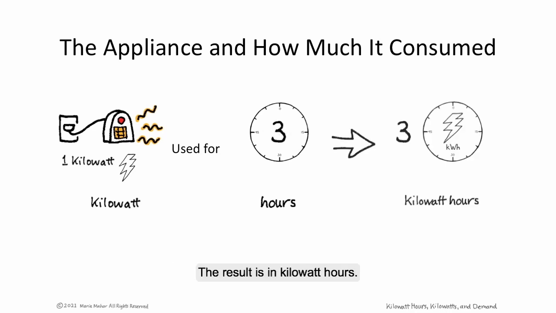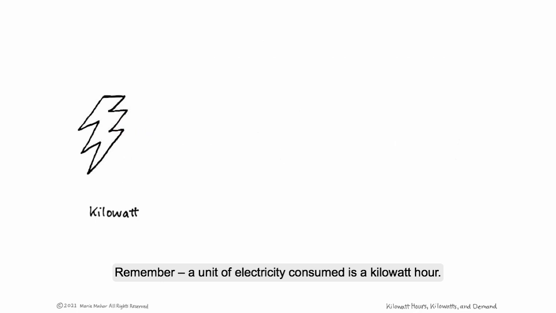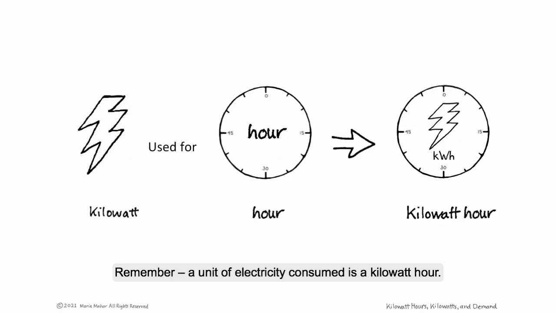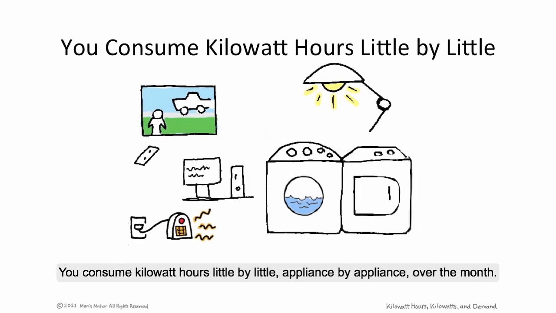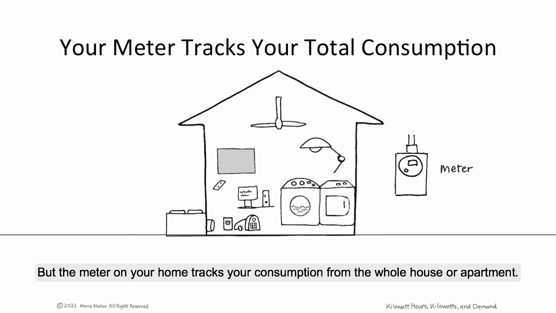The result is in kilowatt hours. Our 1 kilowatt space heater ran for 3 hours, so it consumed 3 kilowatt hours. Remember, a unit of electricity consumed is a kilowatt hour. You consume kilowatt hours little by little, appliance by appliance, over the month. But the meter on your home tracks your consumption from the whole house or apartment.